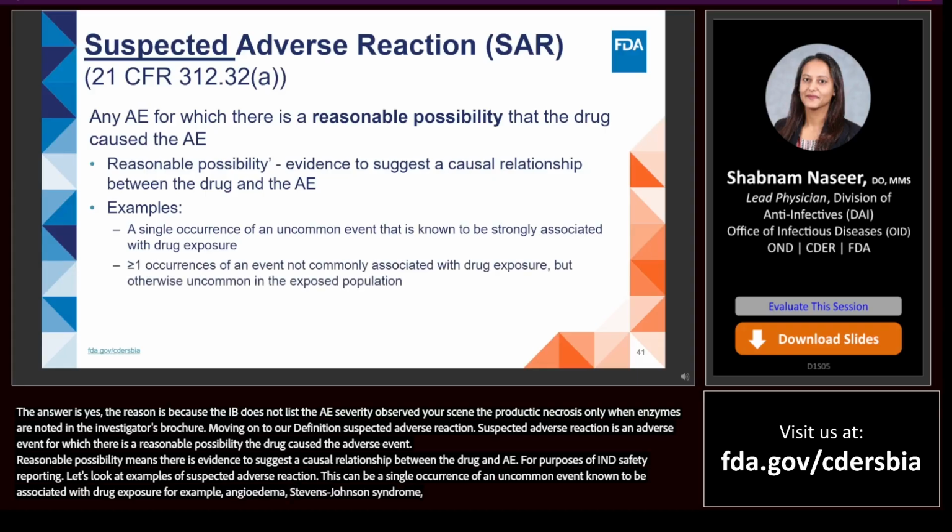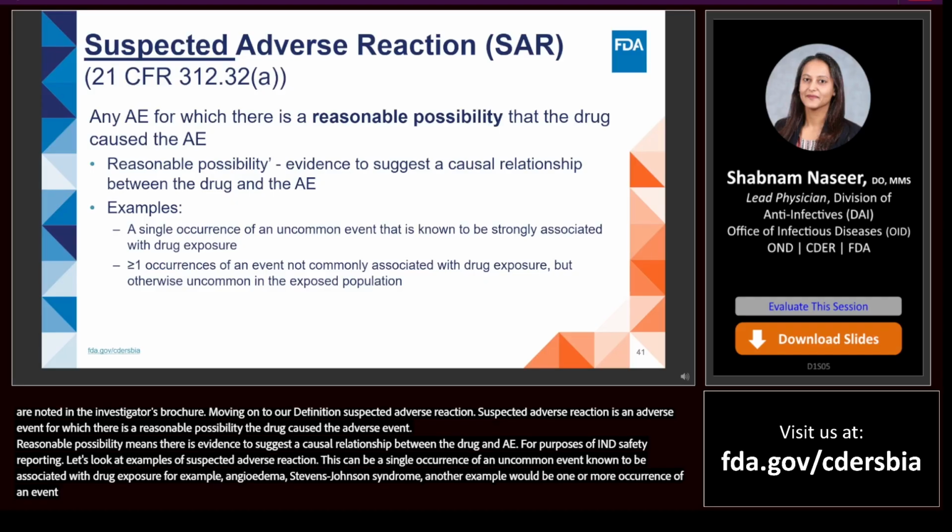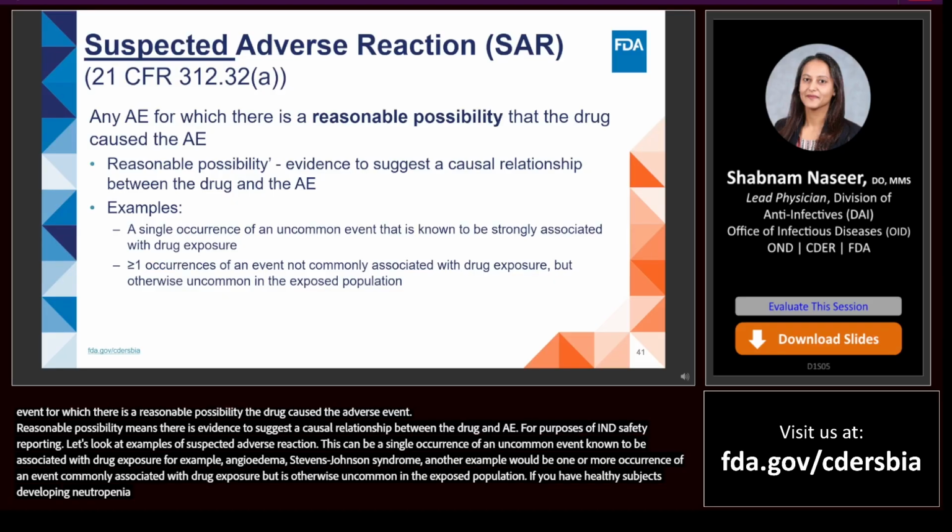Another example would be one or more occurrences of an event that's not commonly associated with drug exposure, but is otherwise uncommon in the exposed population. So if you have healthy subjects and they're developing neutropenia, that could be an example of this, or a heart valve lesion in a young adult, or tendon rupture is another example.